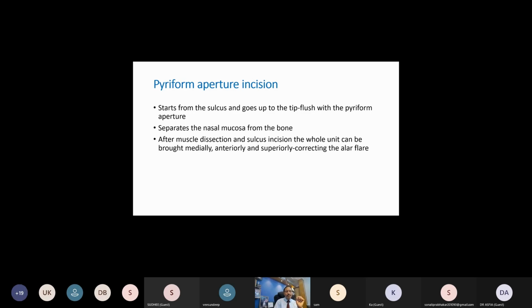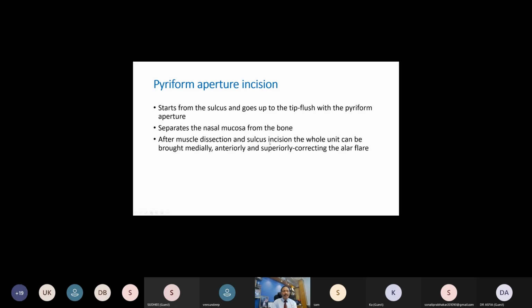So it starts from the sulcus, goes up to the tip, flush with the piriform aperture bone, and it separates the nasal mucosa from the bone. This is one of the most important dissections to bring the lateral part of the lip medially in an effortless manner, and it gives the maximum improvement in the alar flare.